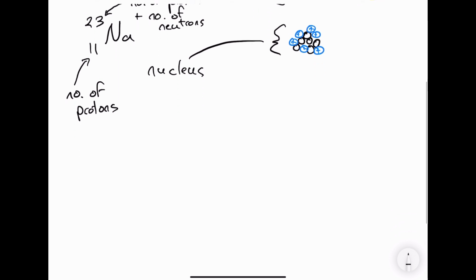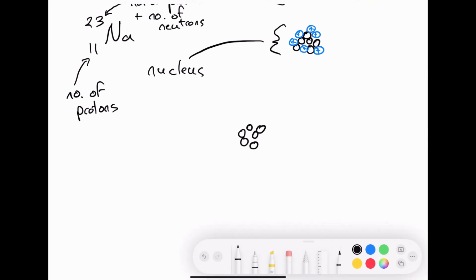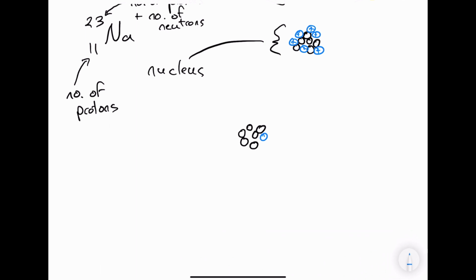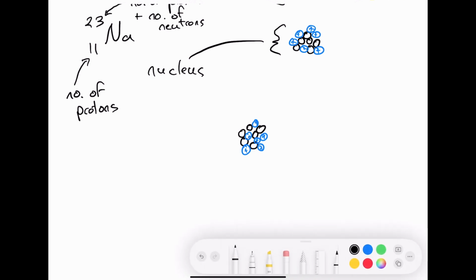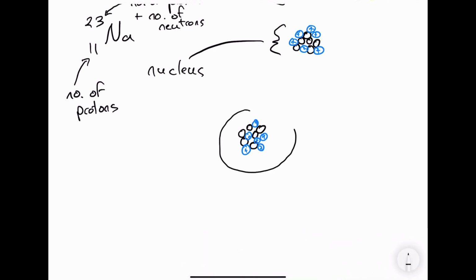Now, this is the nucleus, but of course, orbiting around the nucleus, we have a different subatomic particle. We have the electrons. So here we have our nucleus again, and then around the nucleus we have what can be called an electron shell.